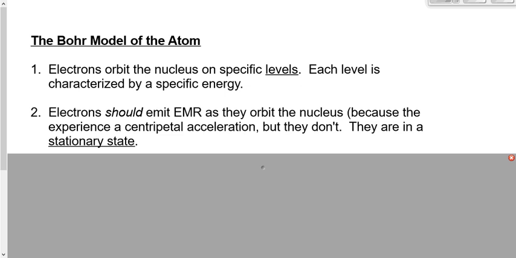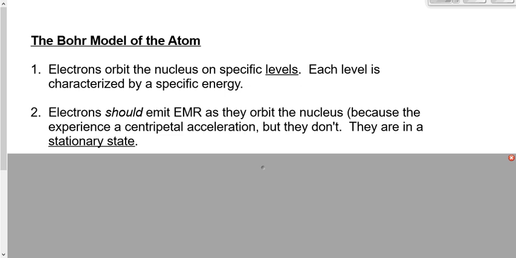Electrons orbit around the nucleus on specific levels. And as they orbit around on those specific levels, they accelerate. It's a centripetal acceleration, right? Object goes in a circle, it experiences a centripetal acceleration. It accelerates. According to Maxwell, it should generate EMR, but it doesn't.